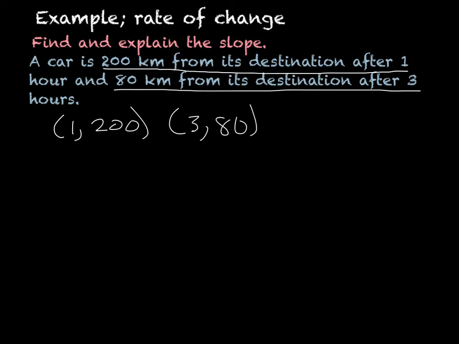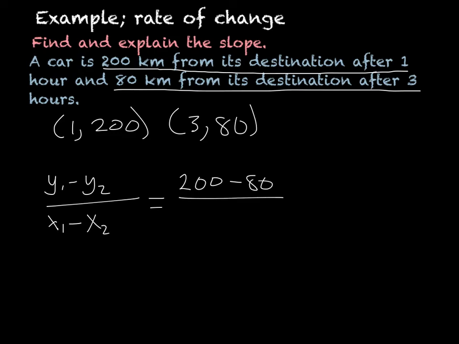Okay, so I want to find the slope and then explain it. So y1 minus y2 over x1 minus x2 is going to give me 200 minus 80 over 1 minus 3. So 200 minus 80 is 120 over 1 minus 3 is a negative 2.